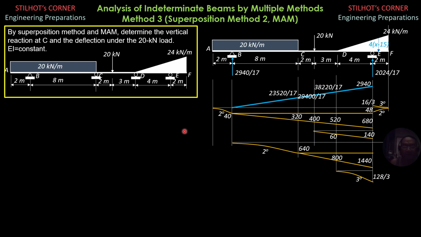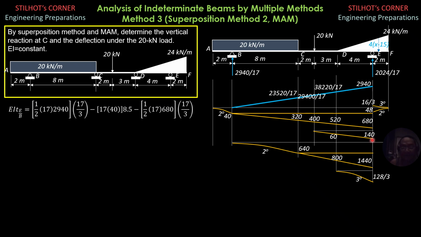We now evaluate EI deviation of E relative to B. So that's 1 half of 17 times 2940 times 17 over 3. Then minus 17 times 40 times 8.5, minus 1 half of 17 times 680 times 17 over 3.